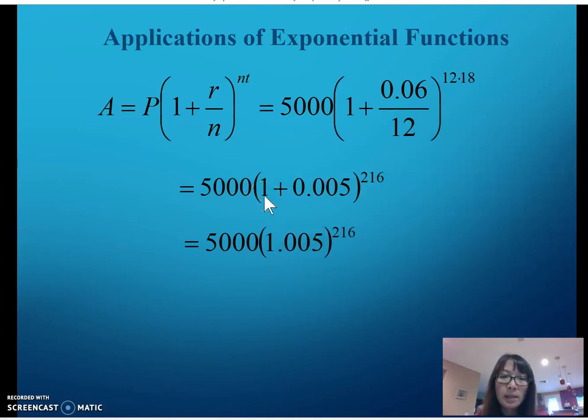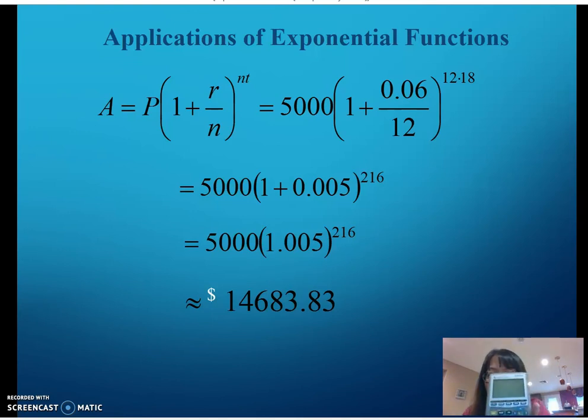add inside the parentheses 1 plus 0.005. And then in this case, you can take from this to the last step, you can take 1.005 raised to the power, remember that raised to the power key, 216, take that result times 5,000.